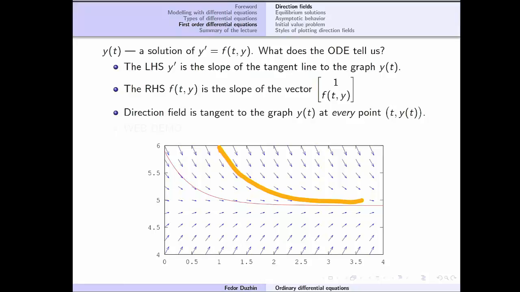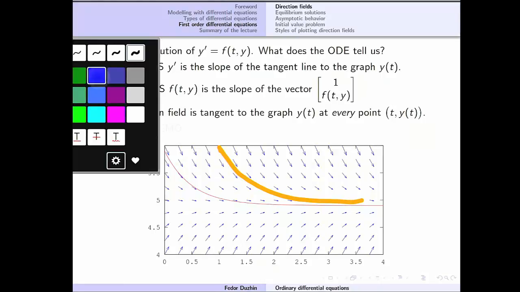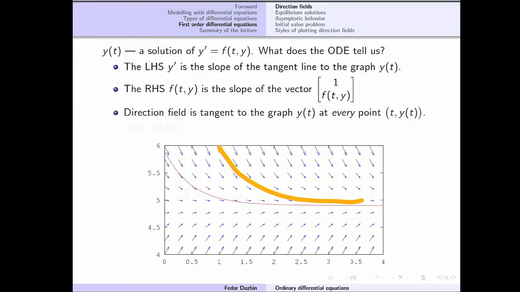But this would not be a solution, because the blue line does not really follow the arrows.